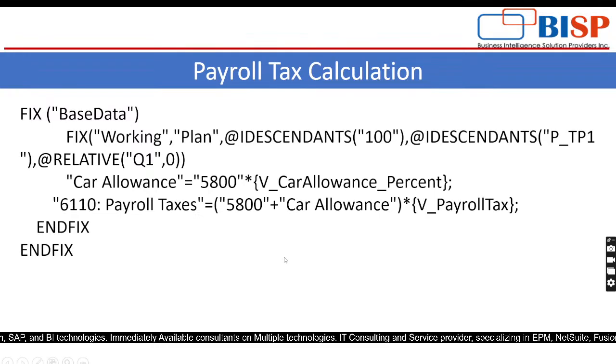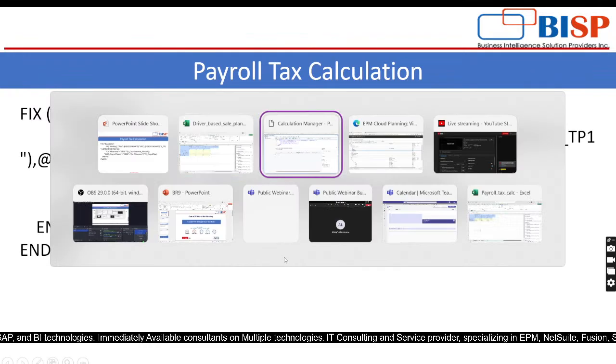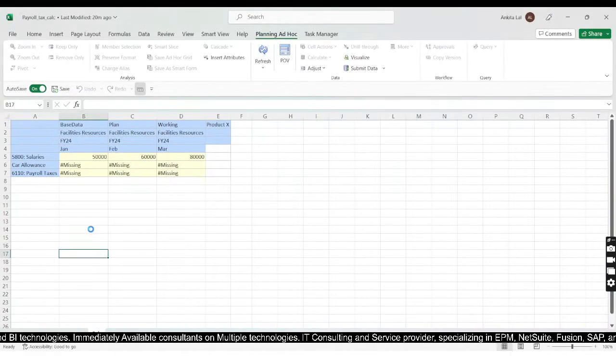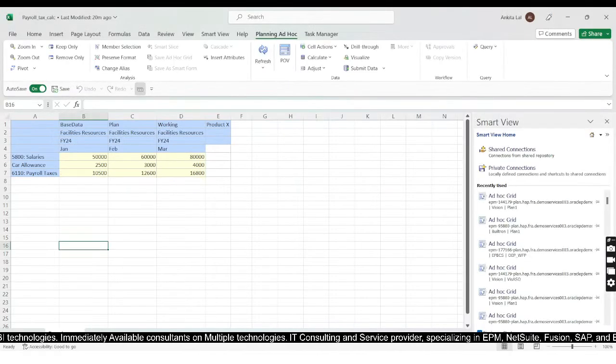To understand the payroll tax calculation rule, we will first go to the requirement sheet where we will learn the method of calculating it. Okay, so here we can see that we have salaries with us, which is the member name 5800. So this is the basic salary which an employee is earning on a monthly basis.